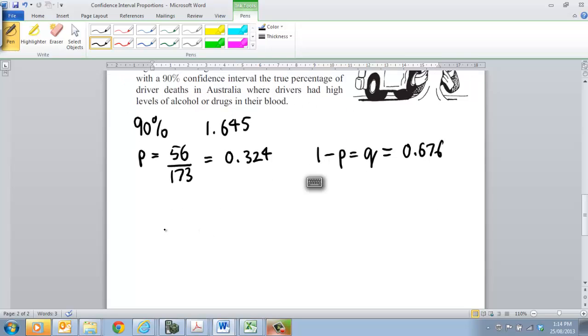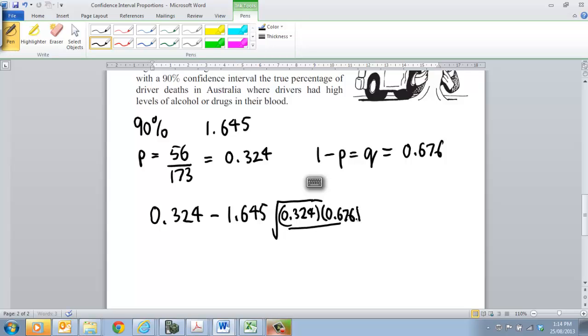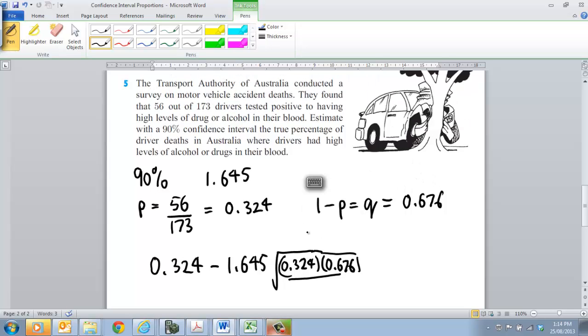When we put this into the formula, it's going to be simply 0.324 take away 1.645 times the square root of 0.324 times 0.676, all over the sample size, which is how many people?